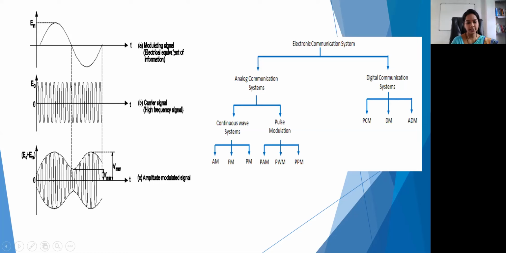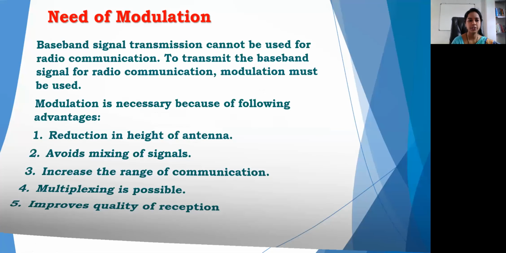Is it okay? This is amplitude modulation. We will see amplitude modulation, phase modulation, and pulse modulation in detail, one by one. This is just an example I have given you for PAM, that is pulse amplitude modulation.